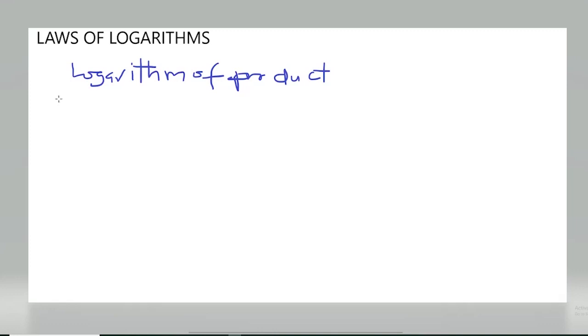Let you have logarithm of A times B with a base of b.